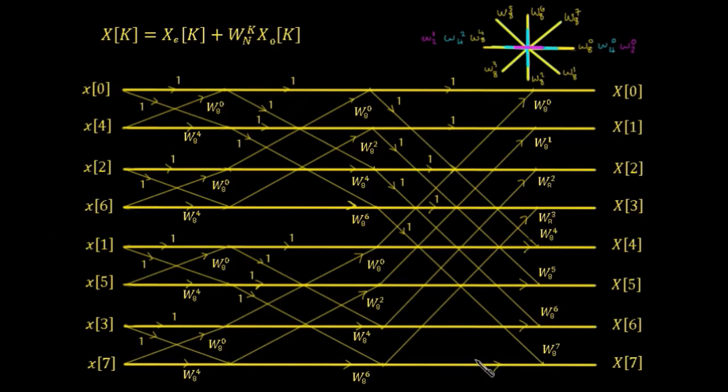So let's start talking our way through some of this butterfly diagram. We'll start off with a value of x0. At this point, according to the algorithm here, the value k is going to be 0, so it's going to be the x even part of k, which is going to come from this point here, x0, and that's going to add on the value of the odd part, which is going to be this part here, our x4.